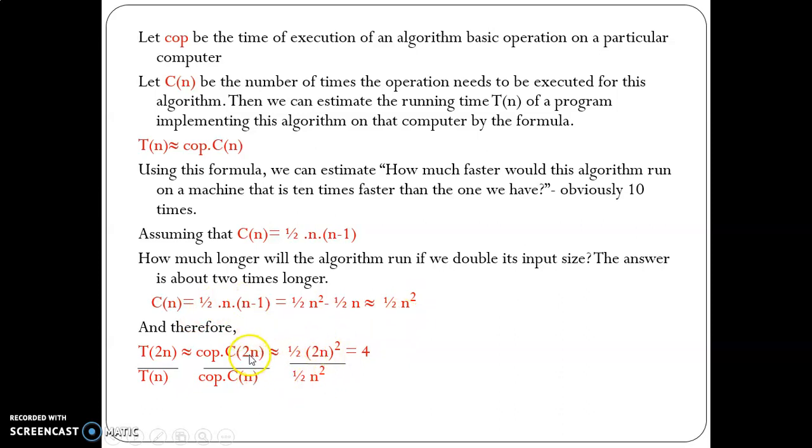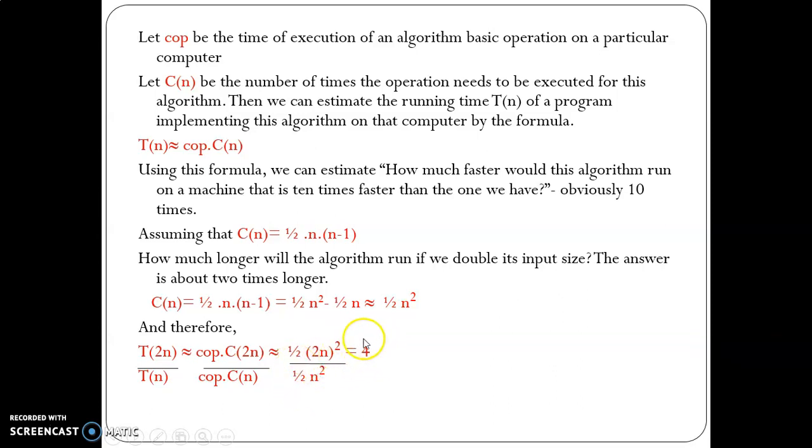But here n is 2n, so in the numerator we put half of (2n) square, and here half of n square. Now we will open this bracket, we will get 4 n square. n square and n square will get cancelled, half and half will get cancelled.